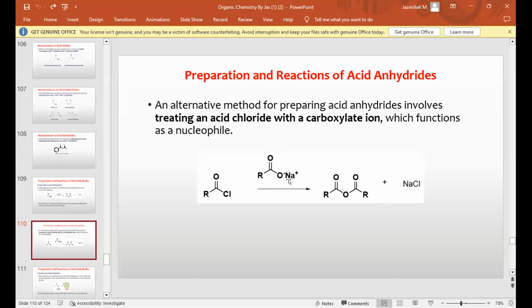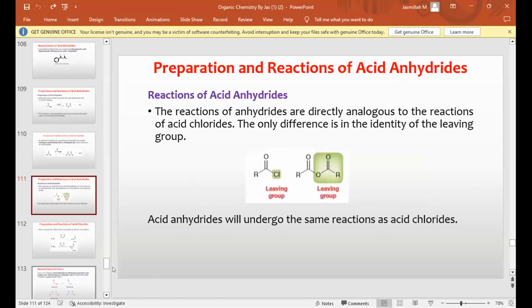In this case, because we use the sodium carboxylate ion, we have sodium chloride. And whatever halide will be here, but mostly they just use chloride. So acid chloride reacting with this carboxylate ion will give us an acid anhydride.